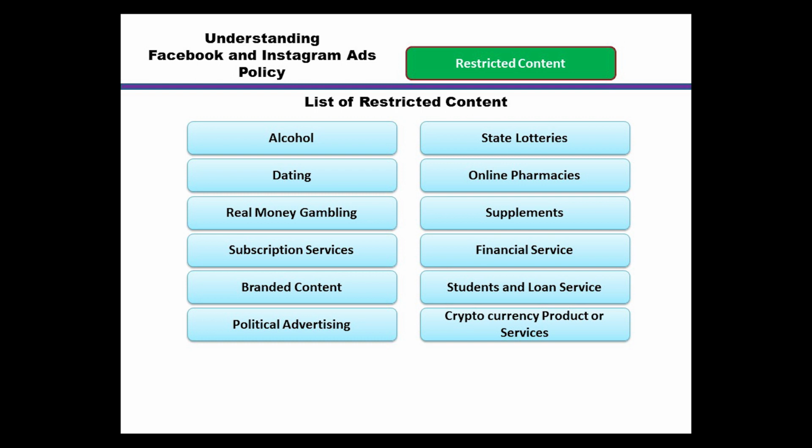And the next one is the state lotteries. They do not permit any kind of lotteries that you market on Instagram or Facebook. And the online pharmacies: these days you would have seen people who give you advice through calls or emails, and you're able to get consultancy, suggestions or prescriptions at a very cheap price.